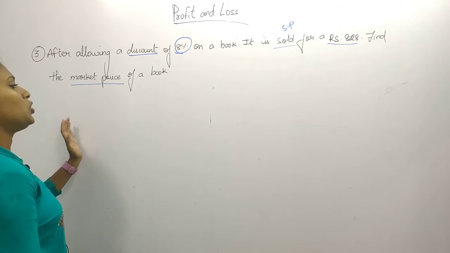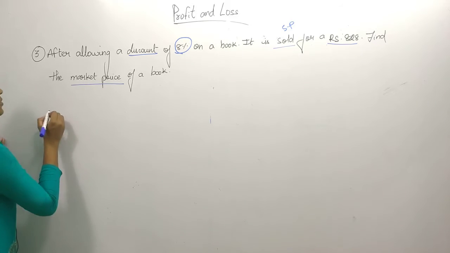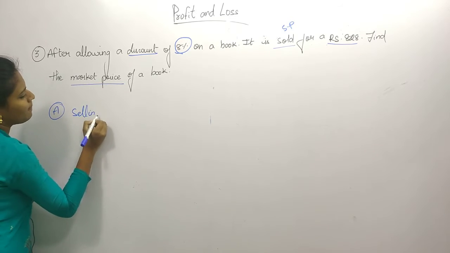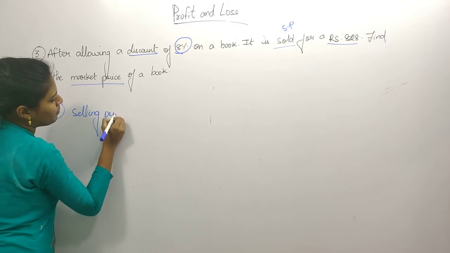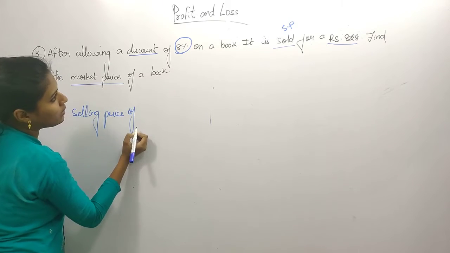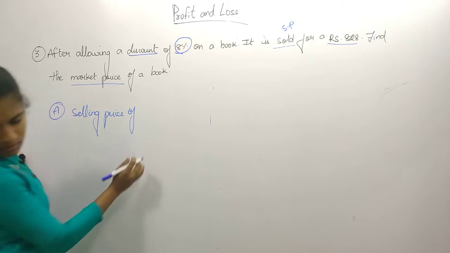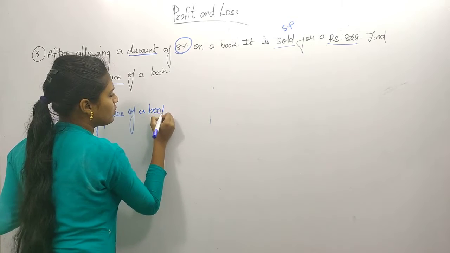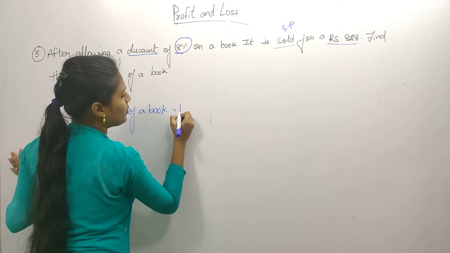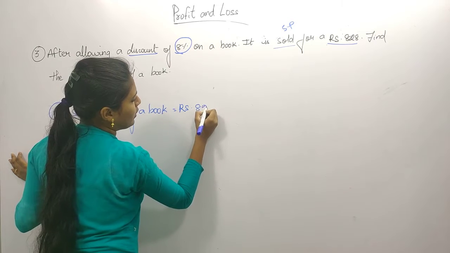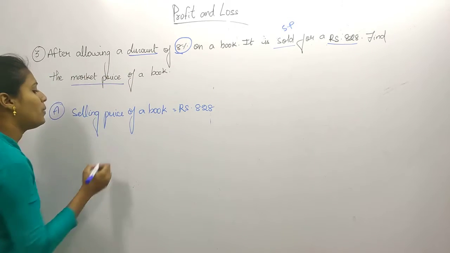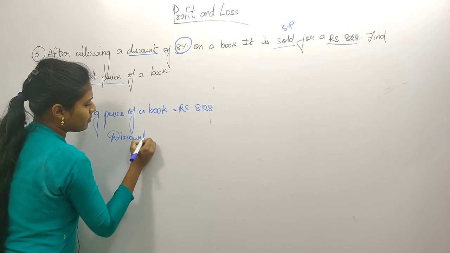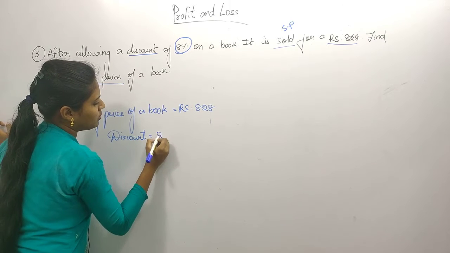Okay, what is given in the question? First you will write here: selling price of a book is rupees 828, and discount is equal to 8%.